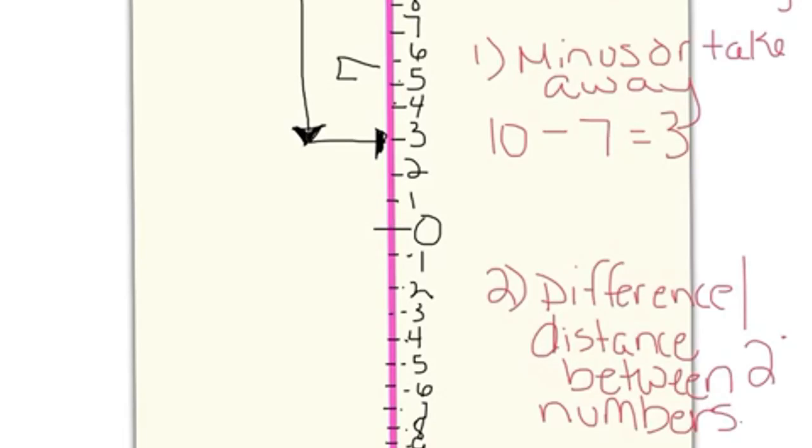So the difference is the distance between two numbers. That means that the distance between 10 and 7 on the number line is 3, or the distance between 10 and 3 is 7 units.